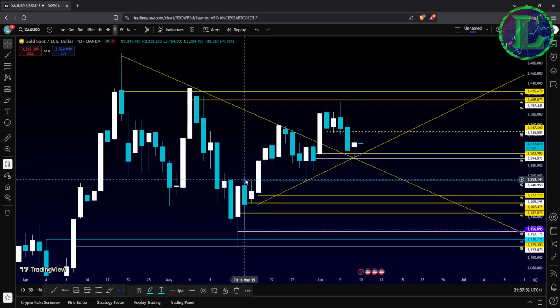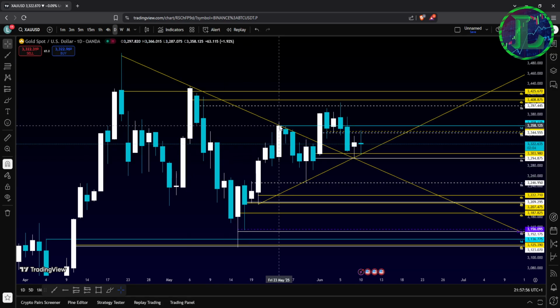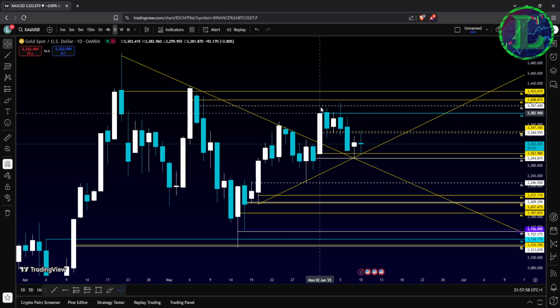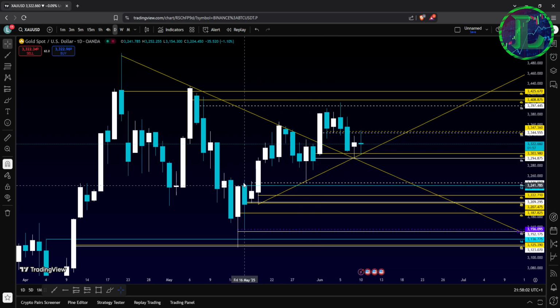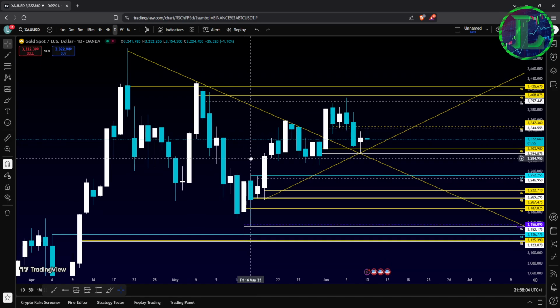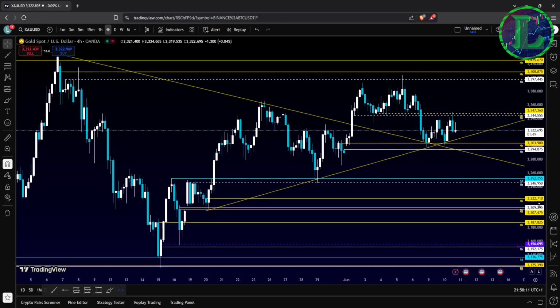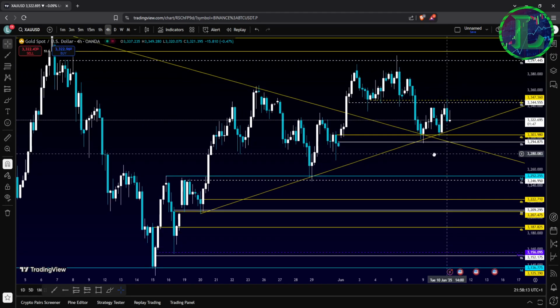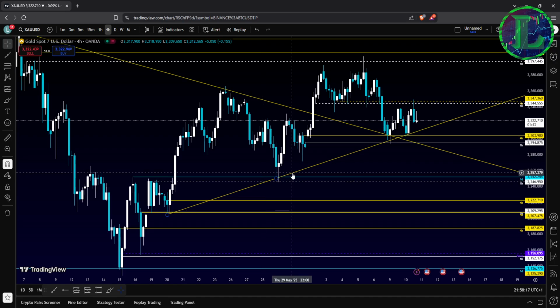On the top, on the other side, we are trying to attack, creating some higher highs here, as you can see, laddering up on the bottom. Here on the 4-hour, if we go here, you can see the 4-hour range trend that I have here.